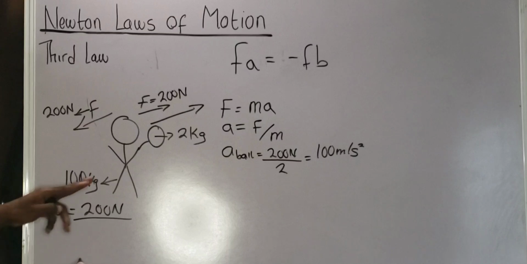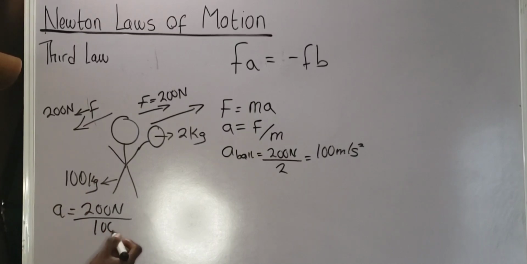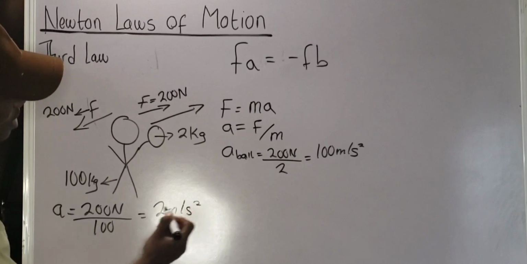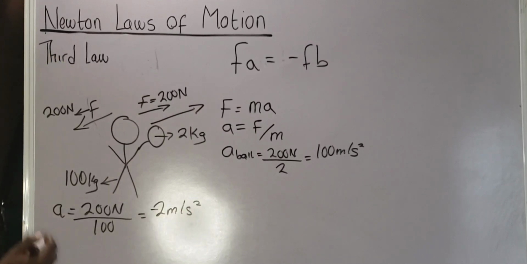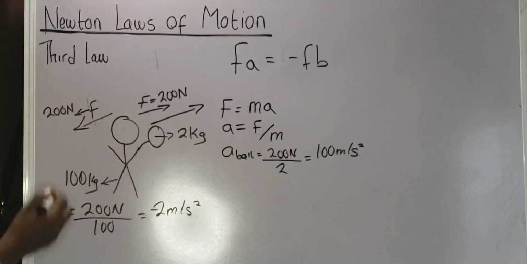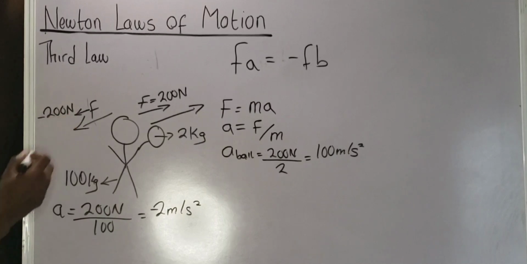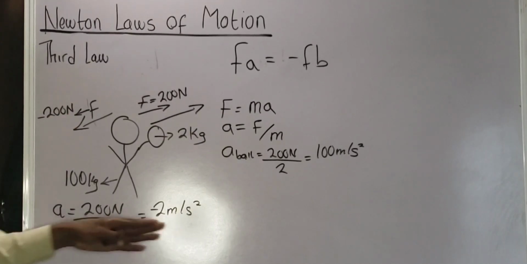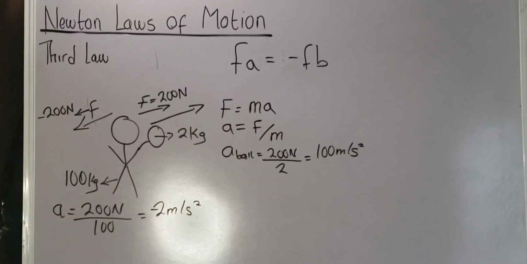The mass of the person is 100. That is 2 meter per second squared. That is negative 2 meter per second squared, because the force that the person experienced as a result of throwing the ball is opposite to the force applied towards the ball. That means this force will be negative. That is how I got negative 2 meter per second squared.